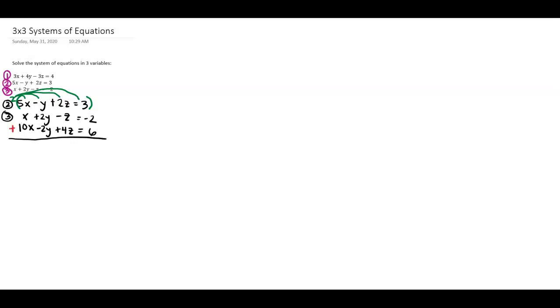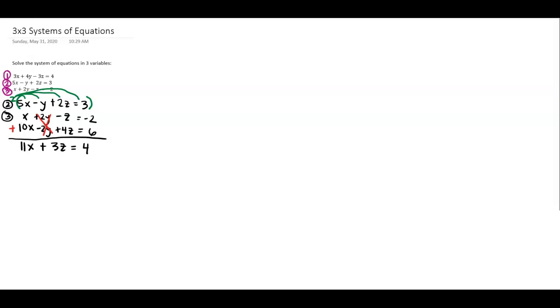And when I do that, I notice that my y variable eliminates, was what I was trying to do. So that is good that that's what happened. And so left, I've got x plus 10x is 11x, and then negative z plus 4z is a positive 3z, and that's going to equal 4.